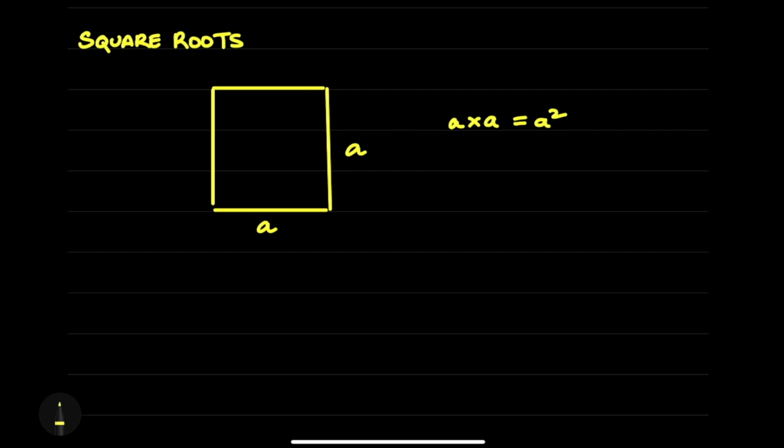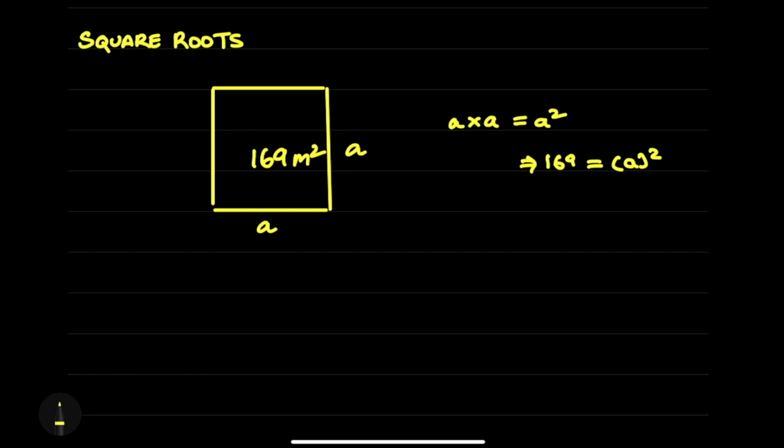So say the area of a square is 169 meters square, then what is the length of that side? Putting it in this equation, this is 169 and this is the square of some number a. And what would that number be?